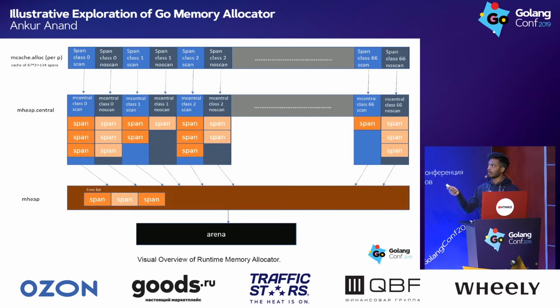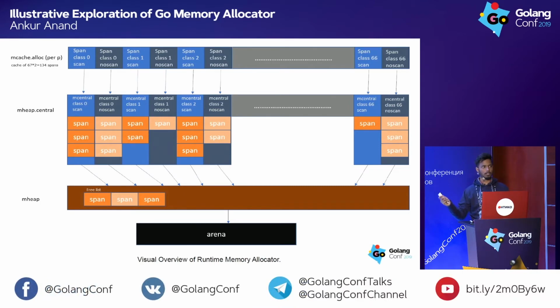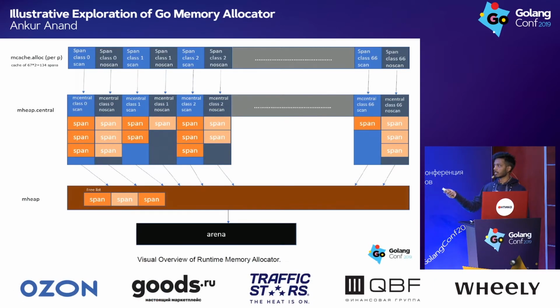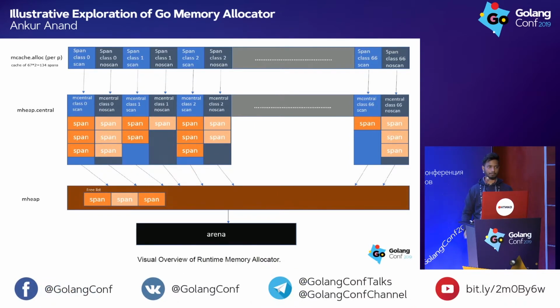For each span class, you also have another level of cache, that is mcentral, and these mcentral reside inside the mheap, which contains free lists and scan lists. These heaps are basically constructed from arenas, which consist of your original pages of 8 kilobytes, and these arenas you get from the operating system.